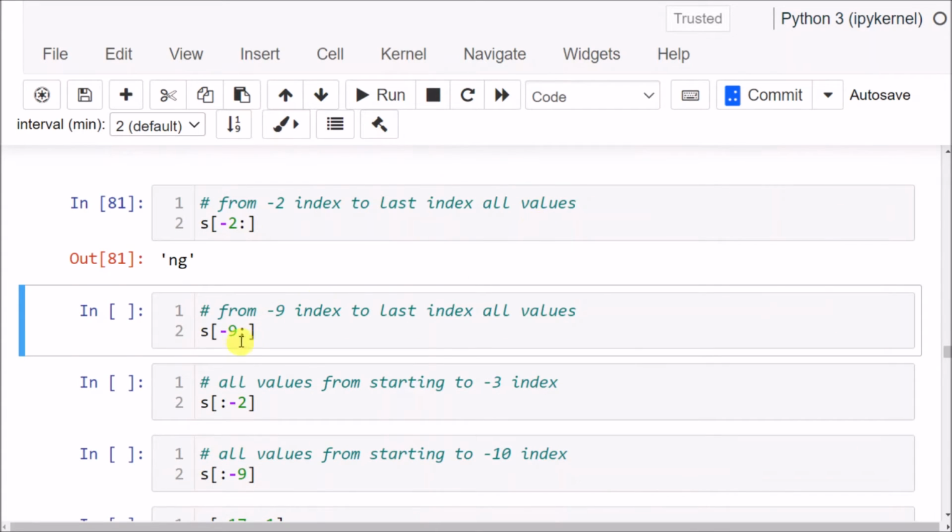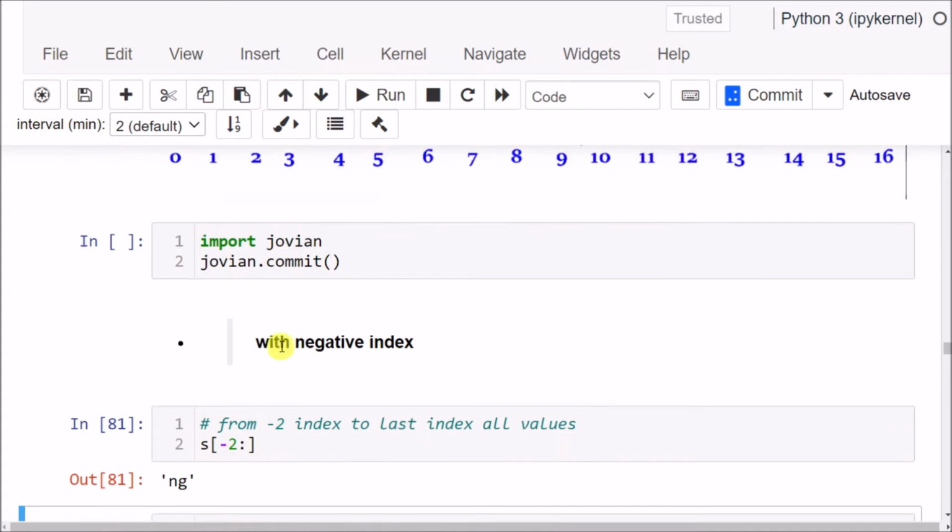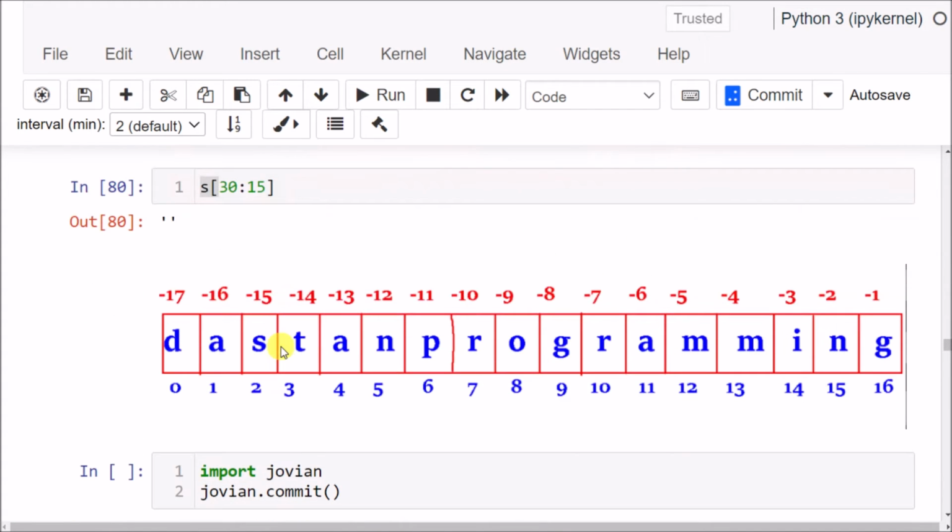And -9 to all values, we can see here -9 to all values, that is here.